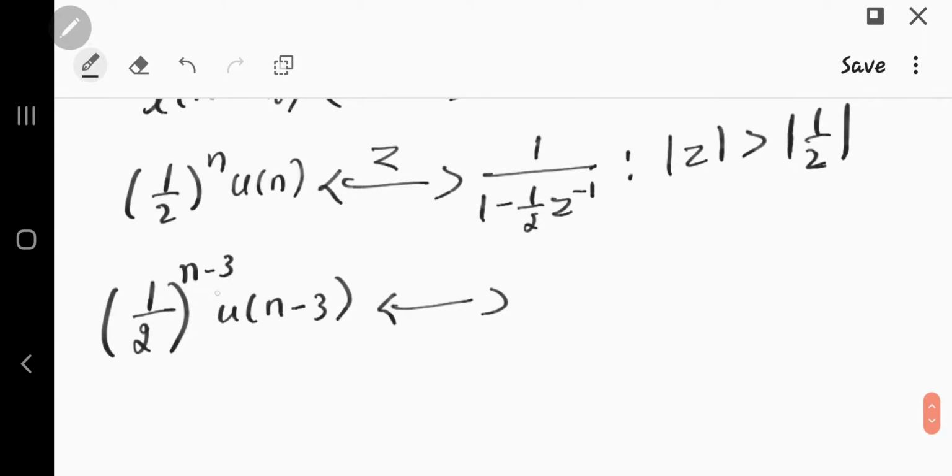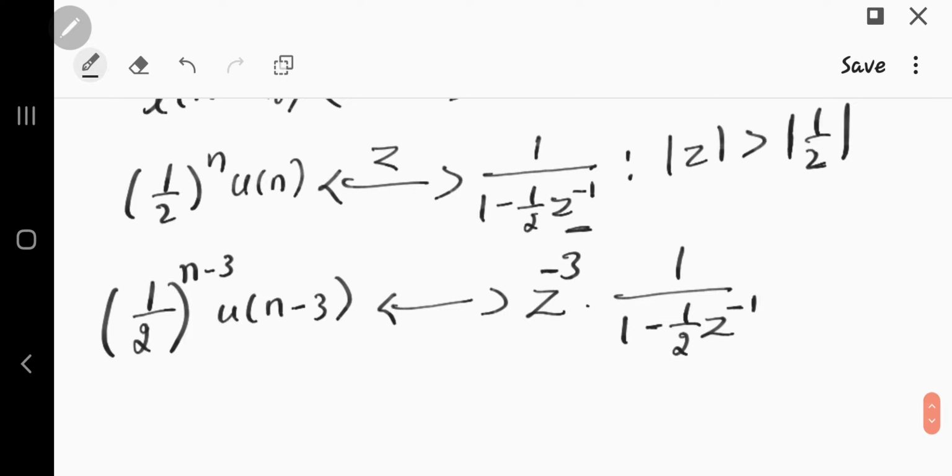So I have to use the time shift here. z to the power of minus n naught is there, that is z to the power of minus 3, into x of z. So this is x of z into 1 divided by 1 minus 1 by 2 z inverse.